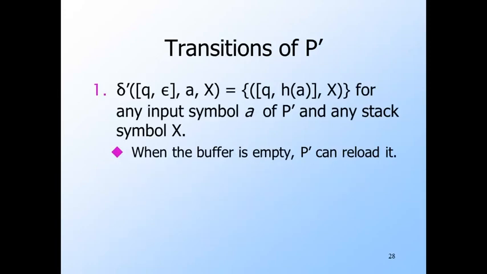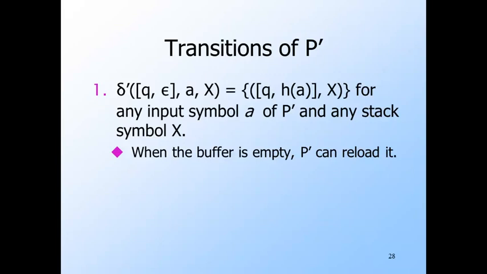The first type of transition allows P prime to read an input symbol A, which must not be epsilon, apply H to it, and store it in the buffer. The buffer of P prime must be empty for this to happen, although since P might be able to make moves with epsilon input, P prime is not forced to refill the buffer just because it is empty.